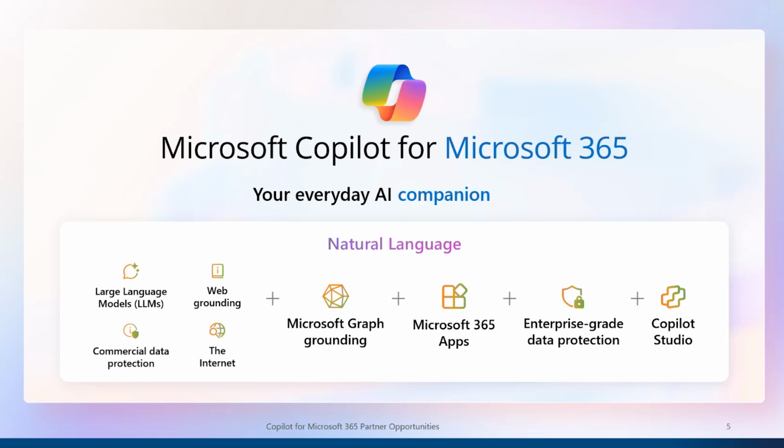Also, the language model technology and the Microsoft Graph will give you the best possible results for your reality. Also, Copilot Studio is a way of pushing back the boundaries by allowing you to create your own AI for your sector.